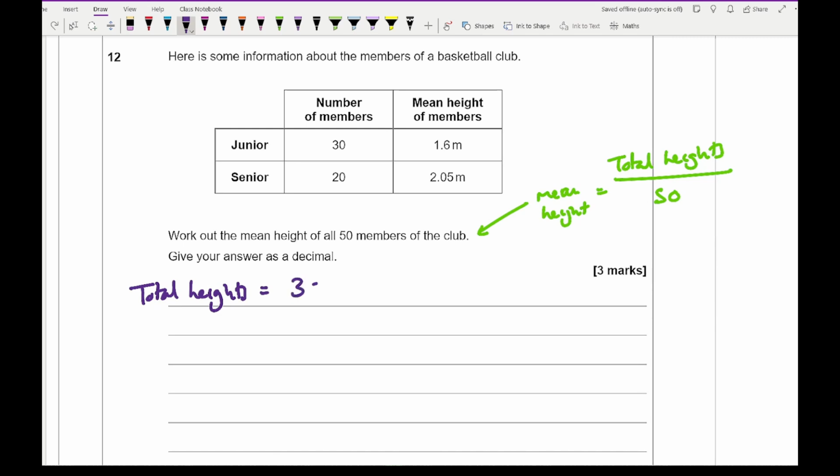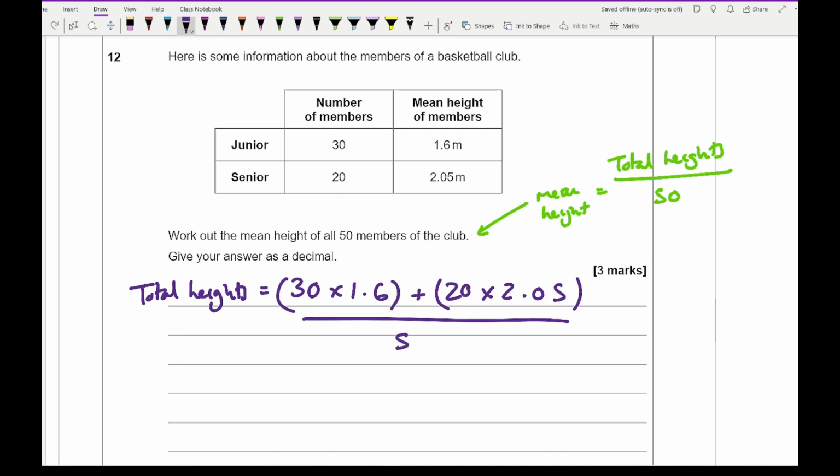I've got 30 at 1.6 meters and 20 at 2.05 meters. If I multiply those out and then divide the answer by 50, typing that all into my calculator, I get an answer of 89 over 50, which as a decimal is 1.78 meters.